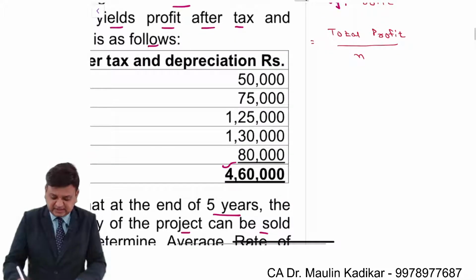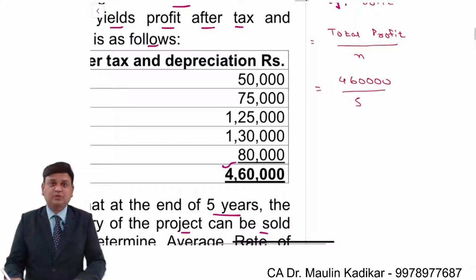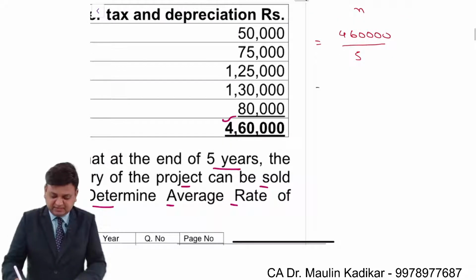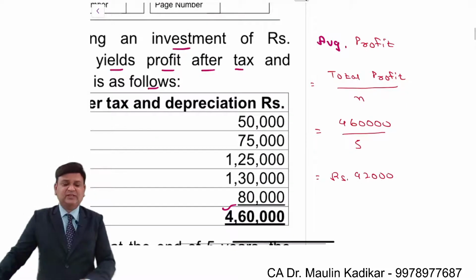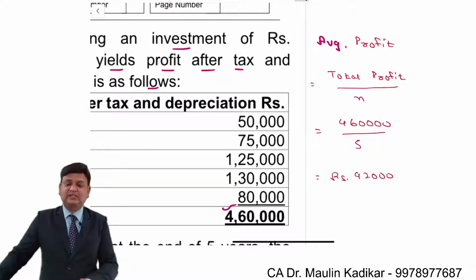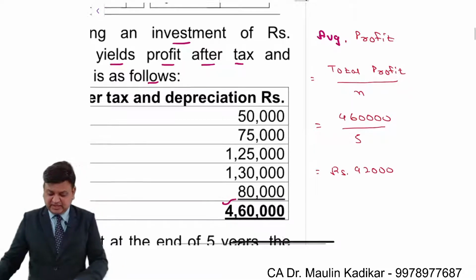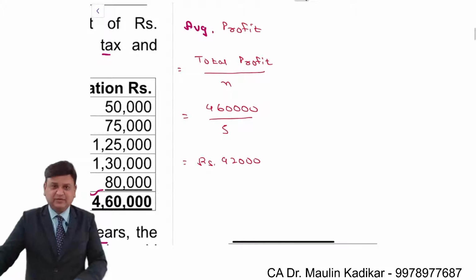It is 4,60,000 divided by 5. That is the way we compute the annual profit. That is an amount of rupees 92,000. So the very first working note that you need to prepare is the calculation of the average profit after taxes. Once average profit is calculated, then you will calculate ARR.